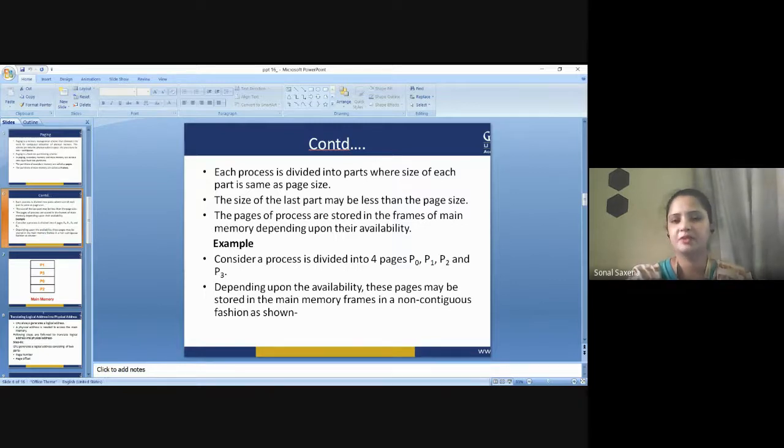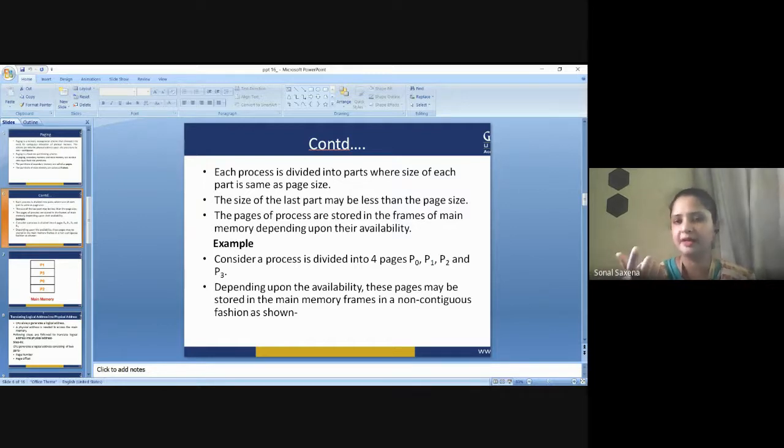Because the page size is 2 bytes, I need to divide my process into 2-byte partitions. So how would I do that? 2 bytes for one partition, again 2 bytes for the second partition, again 2 bytes for the third partition. This makes a total of 6 bytes. The remaining 1 byte will be stored in the fourth page.